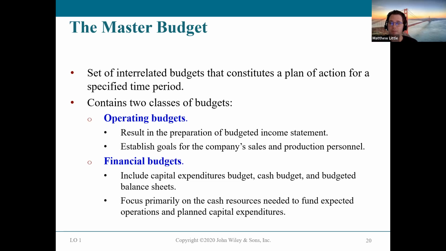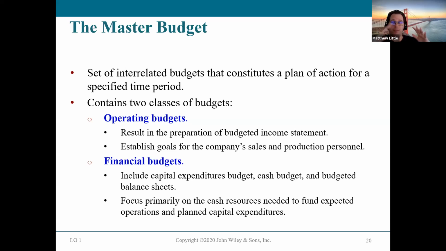The financial budget typically looks at, okay, what do I need to operate the business? What kind of capital investment do I need? How am I going to fund this cash? Because cash, as you know from your accounting courses, is different than accrual accounting and what the financial accounting statements might look like. And by looking at that, it could create a budgeted balance sheet.